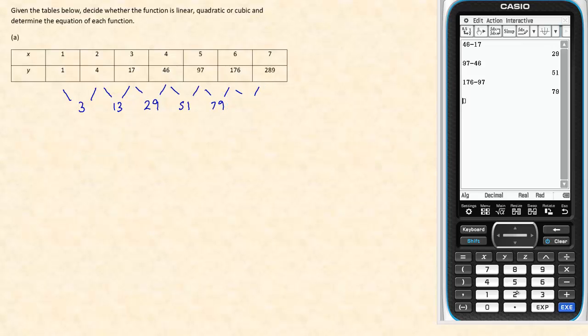And then finally 289 take away 176 is 113. So they're not the same.